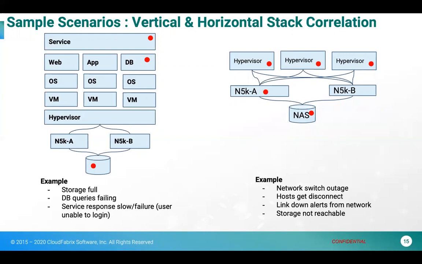It's not uncommon for a particular service to have a bunch of alerts because of the same root cause. For example, there is an issue with the storage, then you automatically see problems with your database, and then your service will start degrading. When you run into that kind of cascading situation, you need to be able to group them.